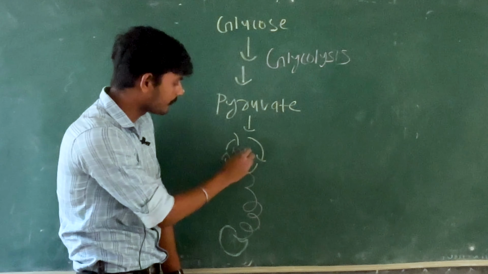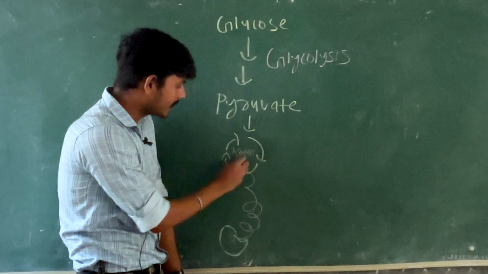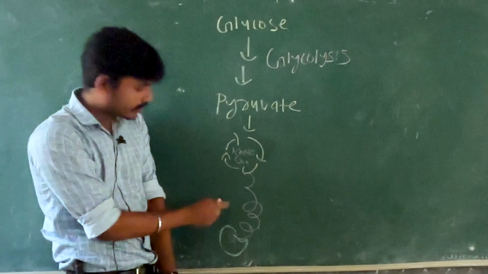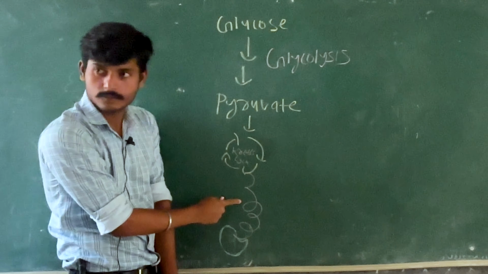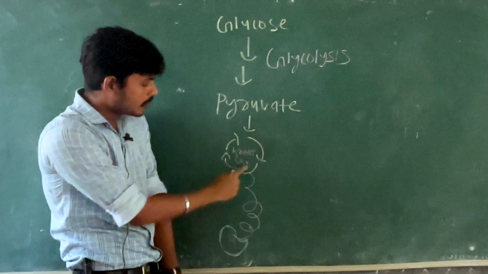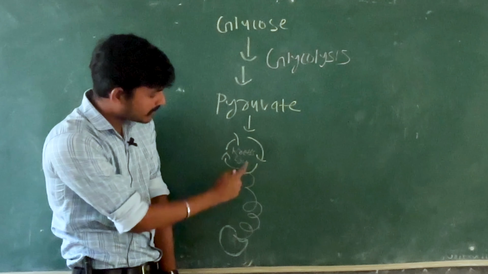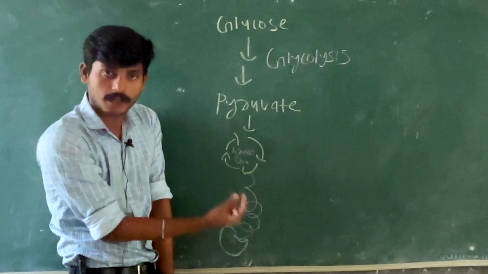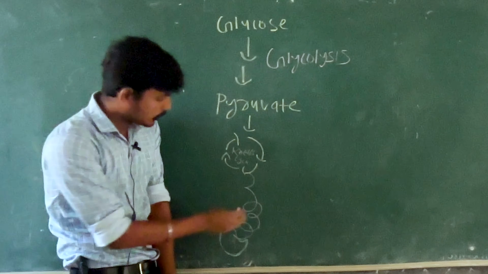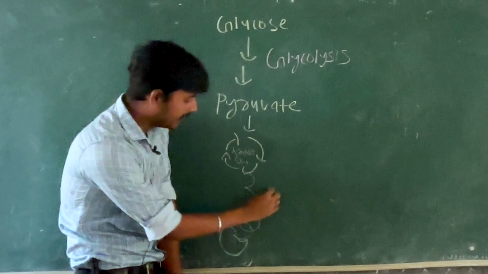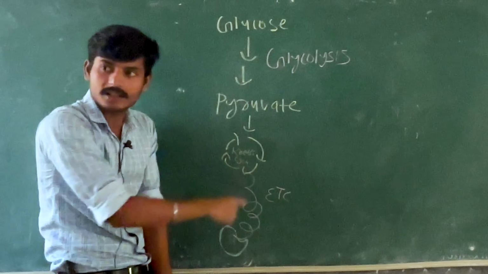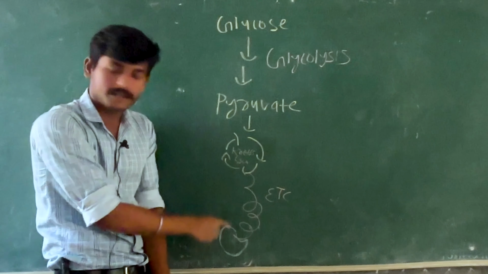From the Krebs cycle there will be a production of electrons, NAD plus, NADH. These produced compounds are basically electrons, so these electrons will go into the ETC, electron transport chain. These are the biochemical pathways.